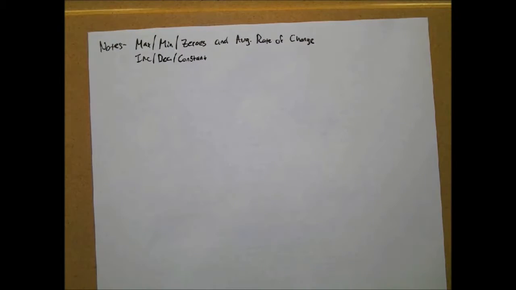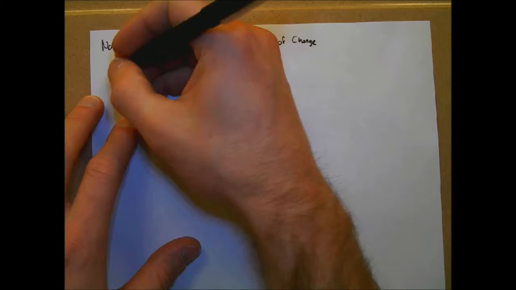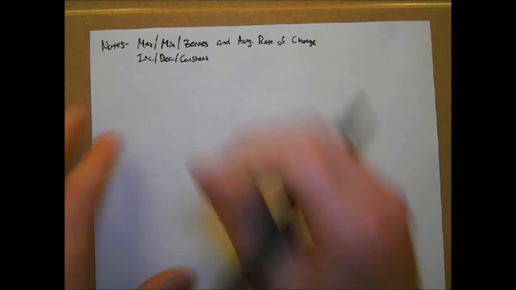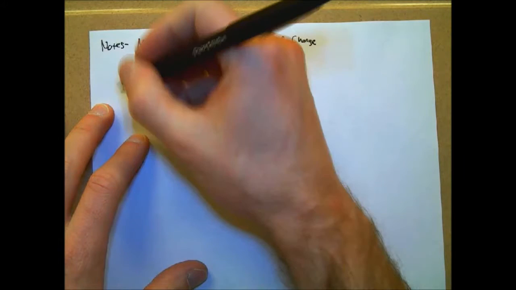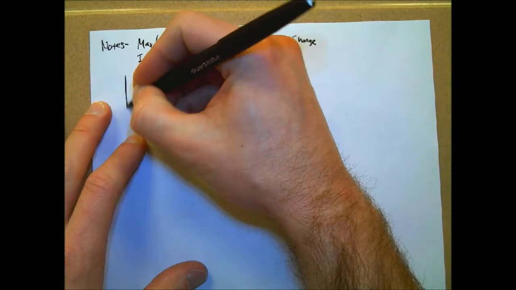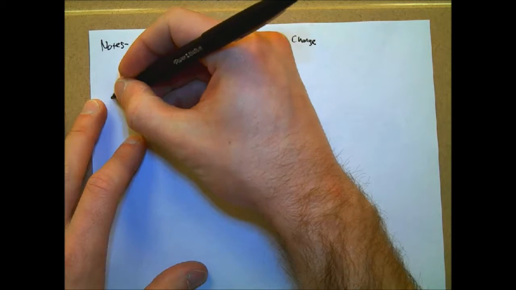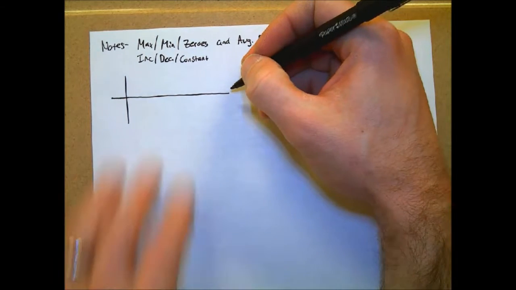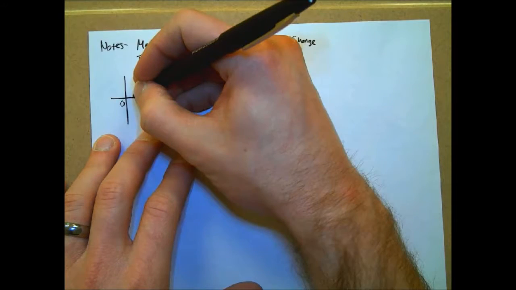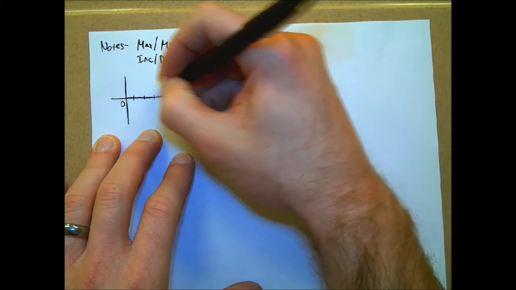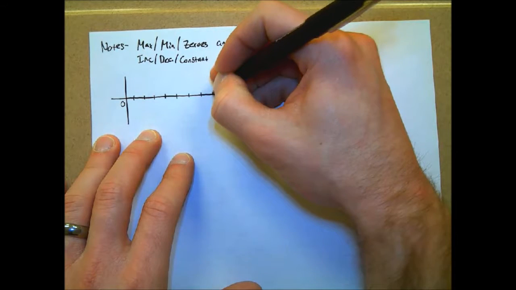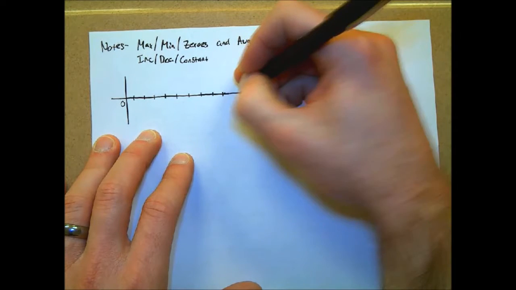So let's go back to that function that we were talking about from the warm-up. I'm going to re-sketch that for us here. Try and do my best. It went from 0 to 11. So there's 0, 1, 2, 3, 4, 5, 6, 7, 8, 9, 10, and 11.